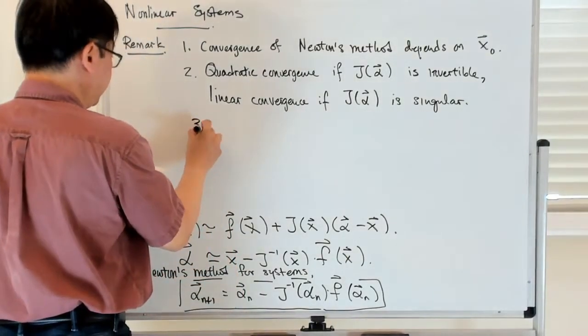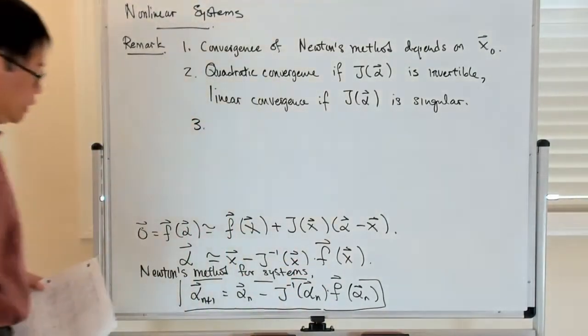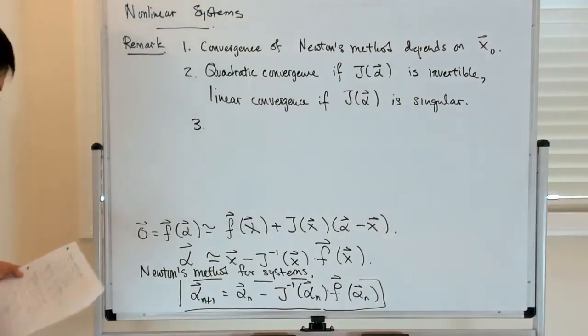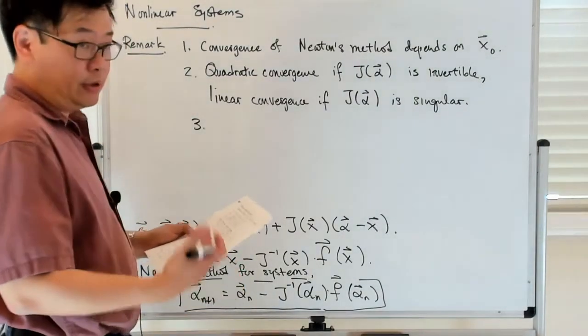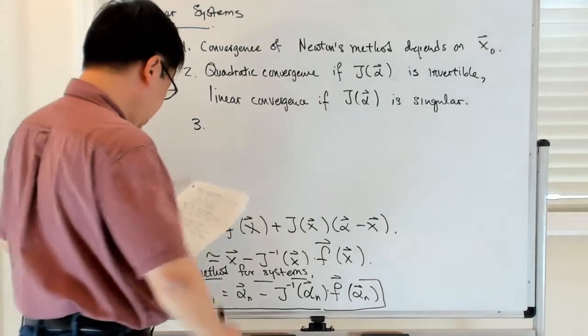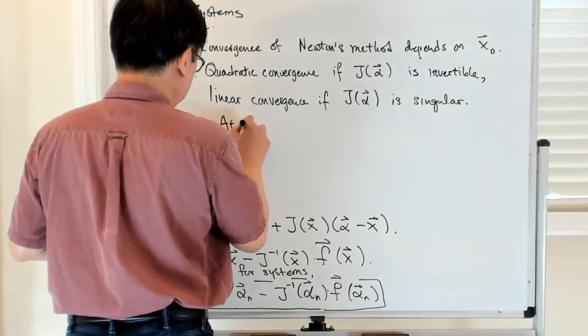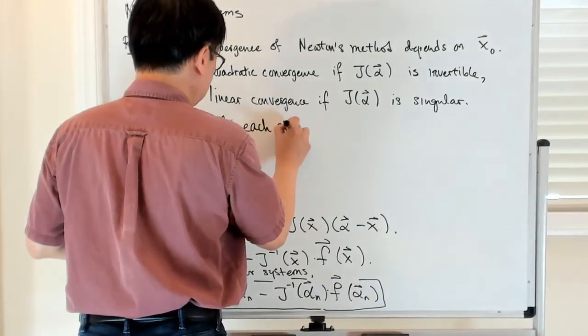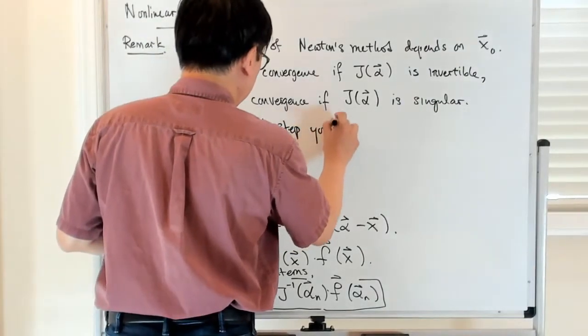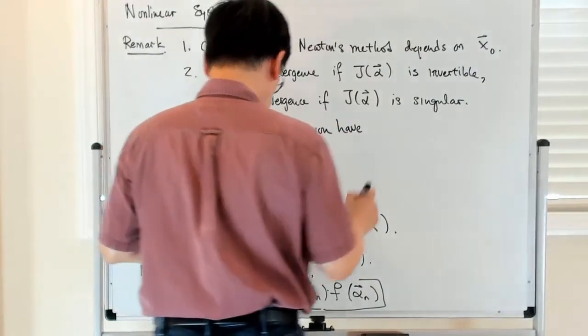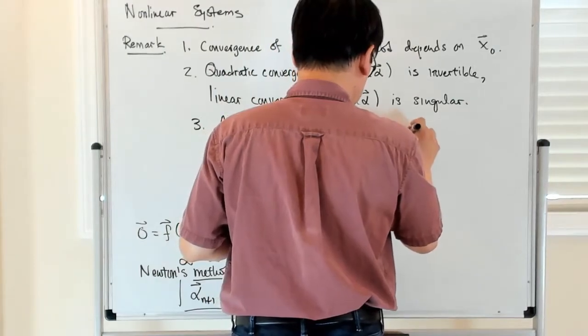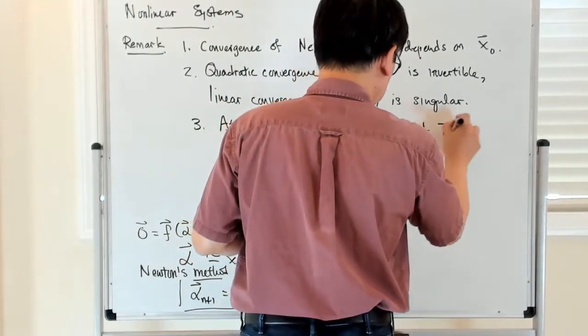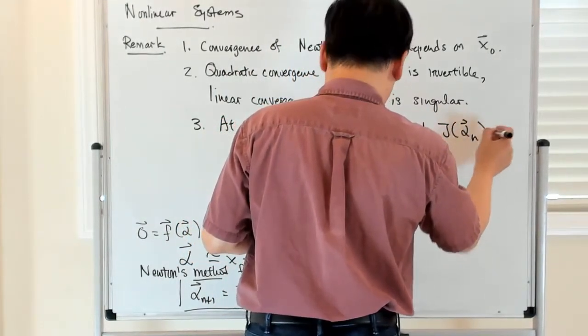So the third remark is that, if you look at the iteration, you have this J inverse term, so at each step you have to invert J at alpha n.